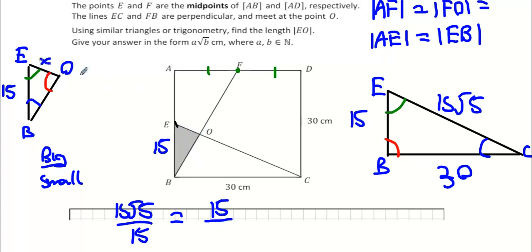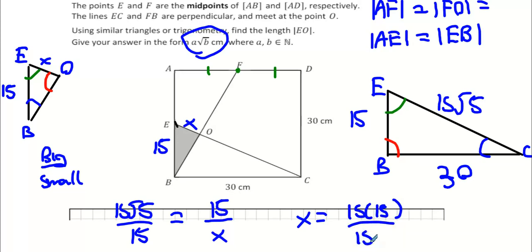EO, otherwise known as X. The point of the question. But once it's stored in the answer, keep it in stored form. Bring the X upwards. Bring the 15 up to the other 15. And then divide by 15 root 5.